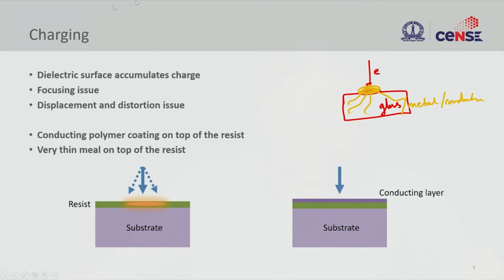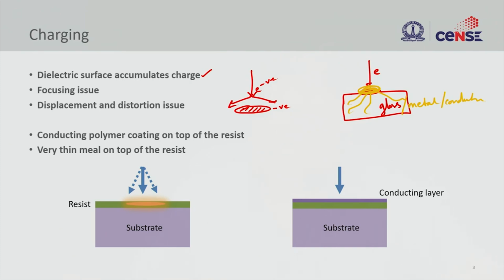If you take a dielectric material, then you start accumulating charge, and what is the problem with the charge accumulation? We have seen this multiple times in very small problems. If you have a charge cloud which is negatively charged, and an electron beam which is also negatively charged, what will happen? The charge cloud will deflect the beam.